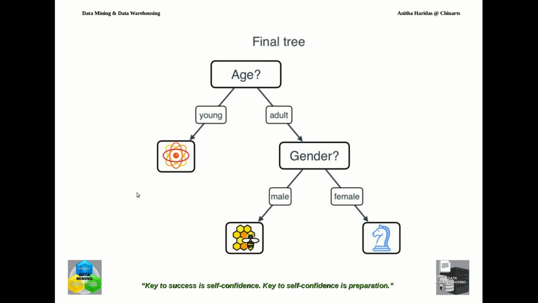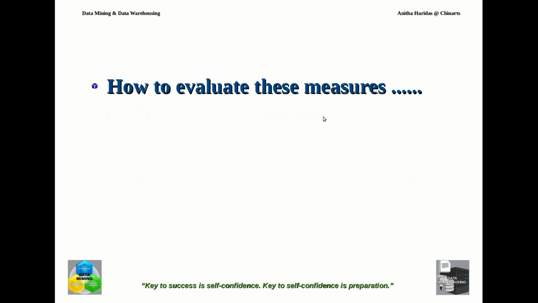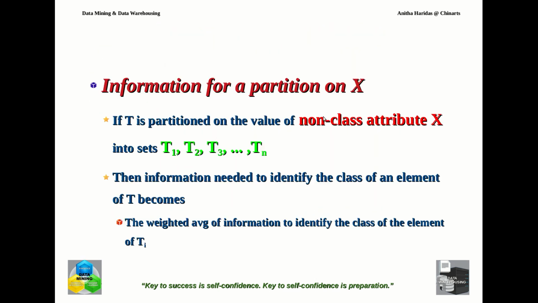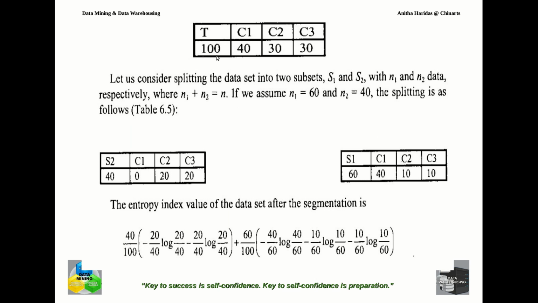So this partition I am going to call as S1, this partition I call as S2, right? So in the same way, if I have 100 records, out of 100 records, S1 is having 60 records, S2 is having 40 records.